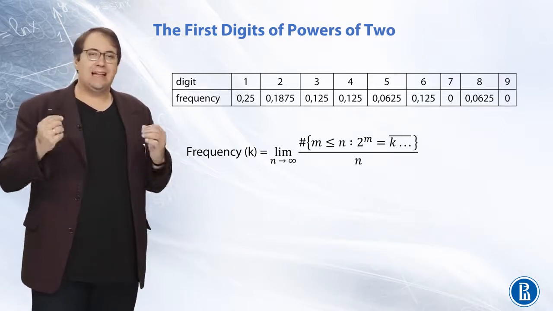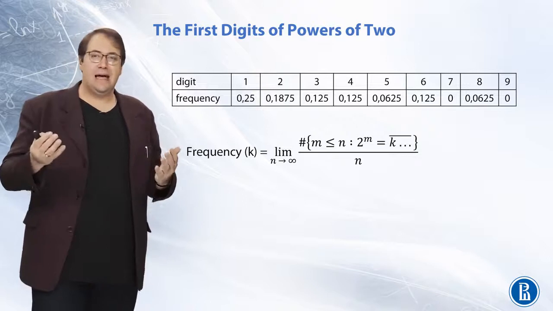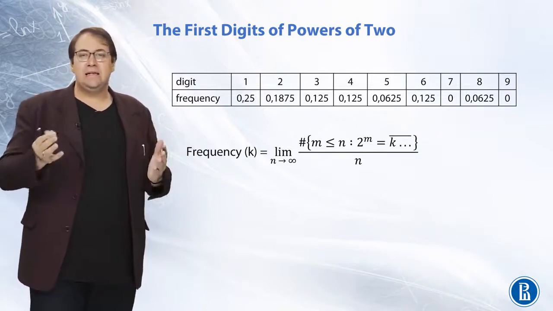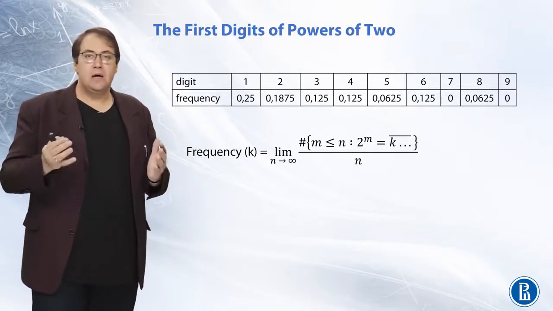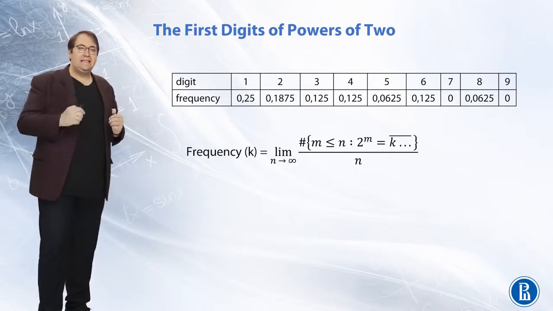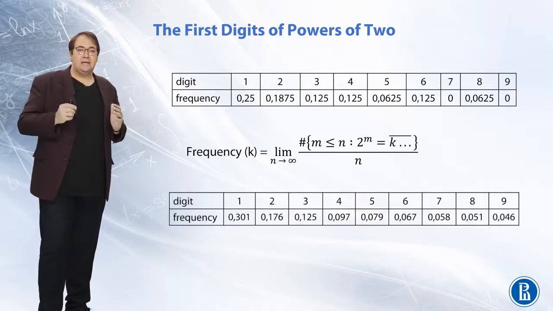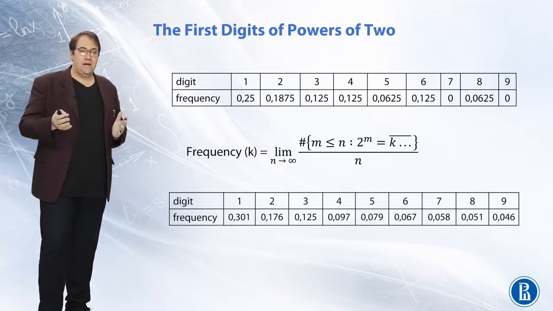So we calculate the number of times for each digit and divide this by n, the amount of powers of 2, and see whether it tends to some certain number when n tends to infinity. And we will see that these limits exist for every digit, and these are the values we will obtain.